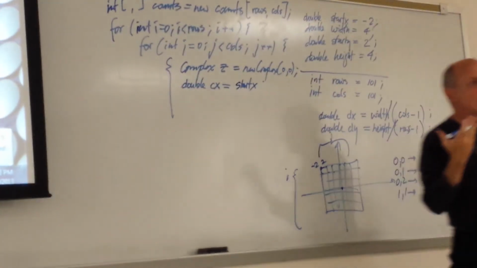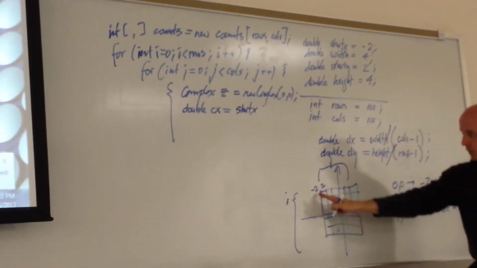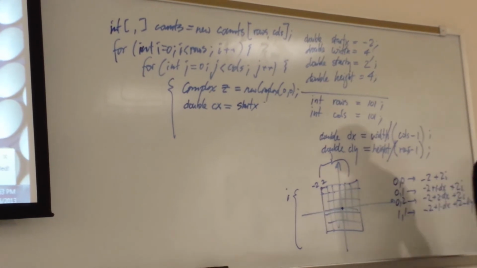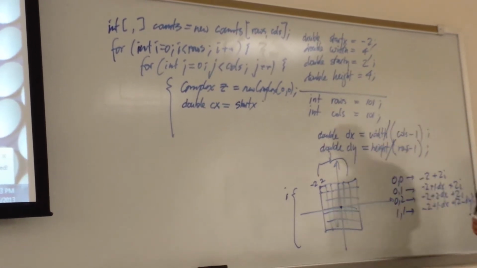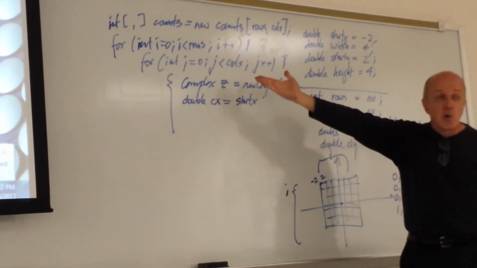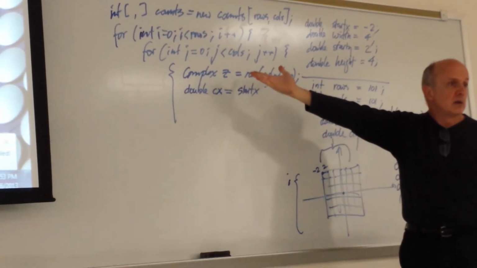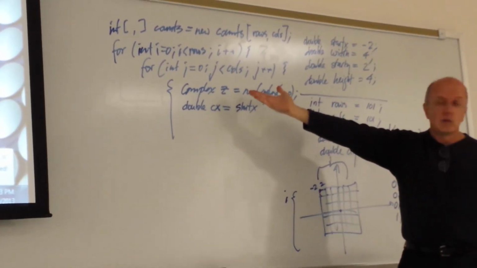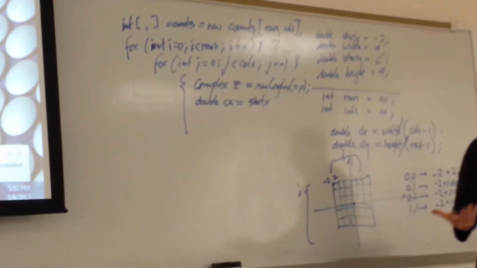And so start x is the negative 2 position in the x direction. Right? Now, based on which column it is, which variable tells me which column I'm in? My normal assumption is I'm going to let i count the rows and let j count the columns. So it's whatever j is.